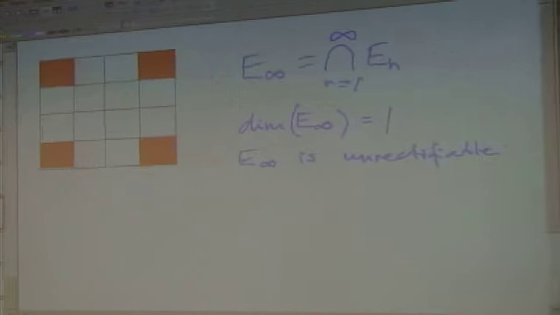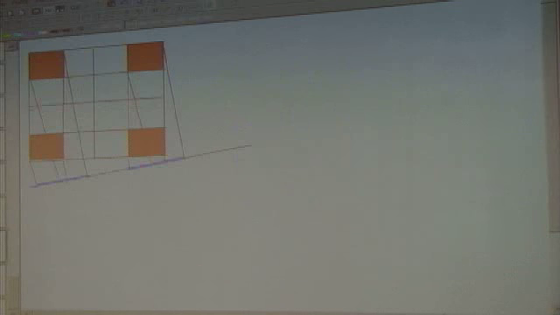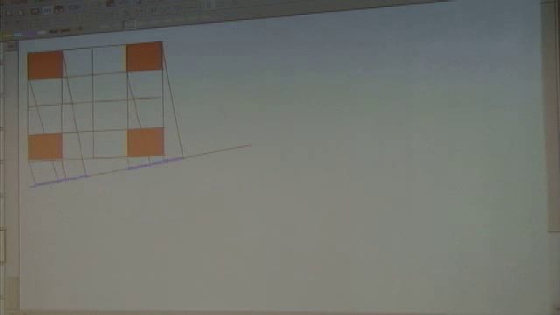And one of the consequences of that is as follows. Suppose that you look at one-dimensional projections of E infinity. Here's one example. Theta is going to be the angle at which the projection is taken. So that's the angle here.